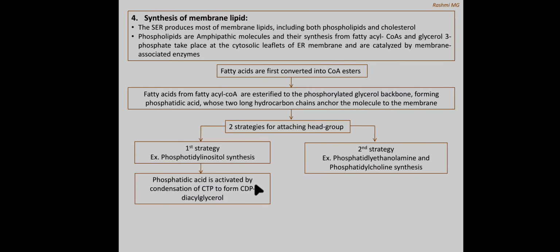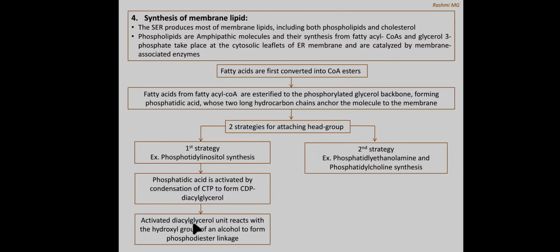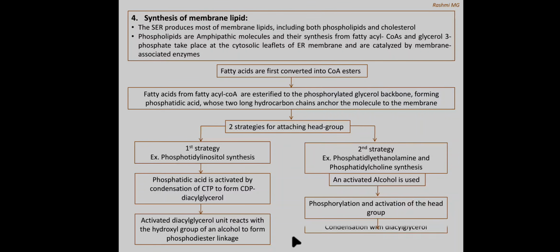Phosphatidic acid is activated by condensation with CTP to form CDP diacylglycerol. The activated diacylglycerol unit reacts with the hydroxyl group of an alcohol to form a phosphodiester linkage. An activated alcohol is used in the second strategy: phosphorylation and activation of the head group, then condensation with diacylglycerol.